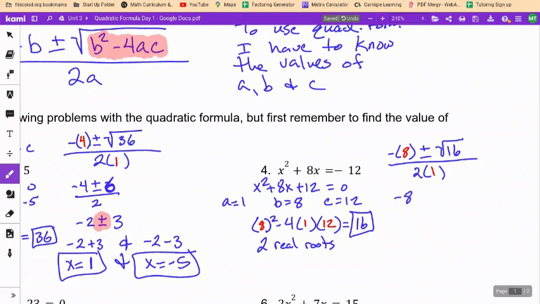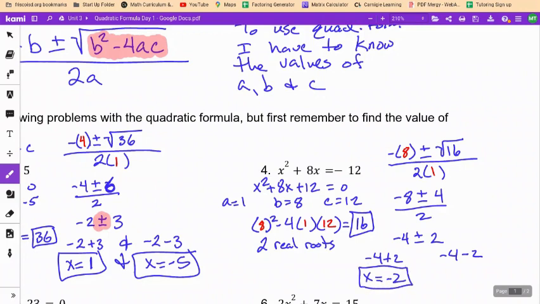I have negative 8 plus or minus the square root of 16, which is 4, divided by 2. Again, I do negative 8 divided by 2, which gives me negative 4, plus or minus 4 divided by 2, which gives me 2. Then I split this up: negative 4 plus 2 and negative 4 minus 2. So x equals negative 2, and x also equals negative 6.